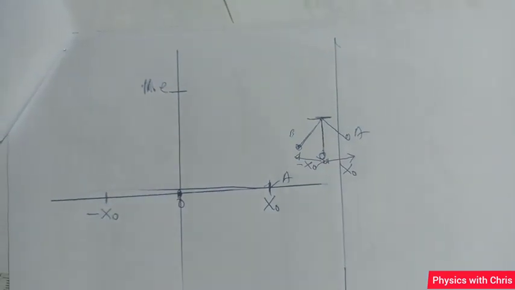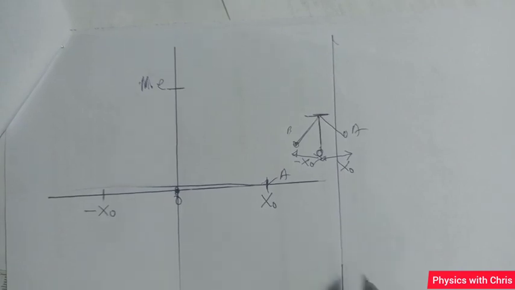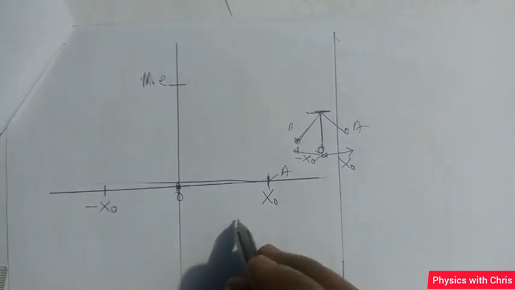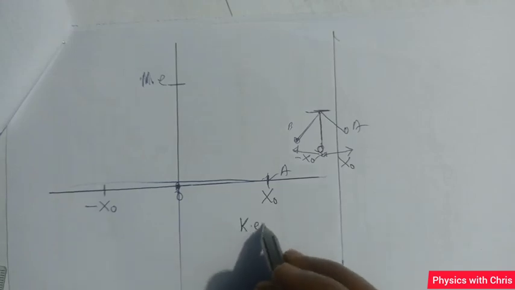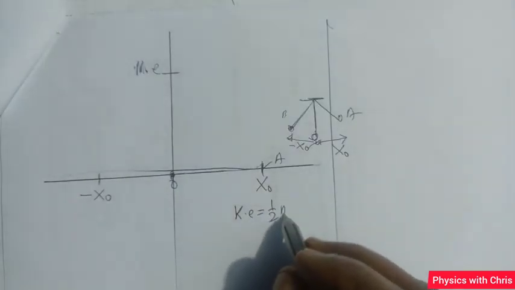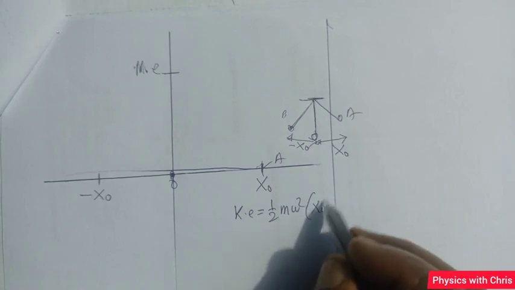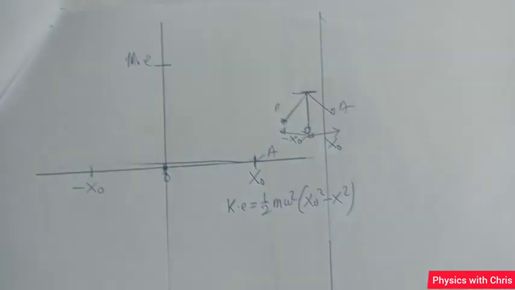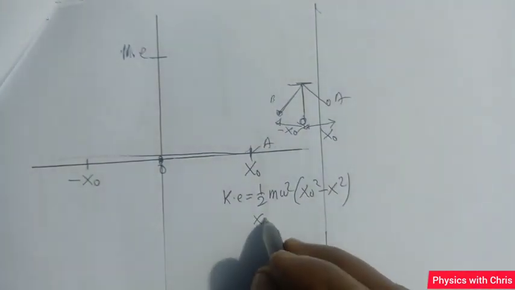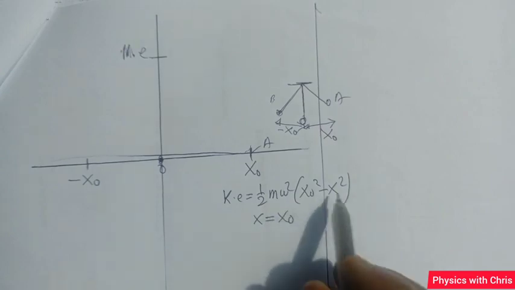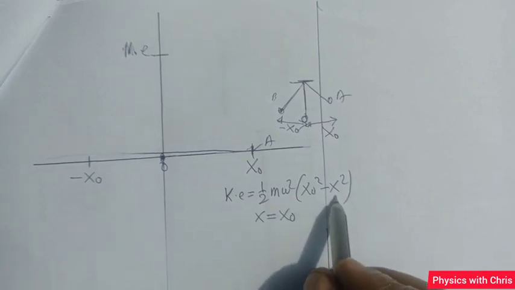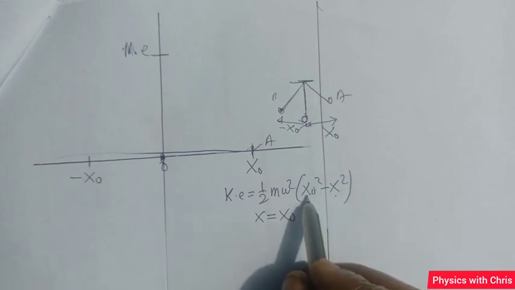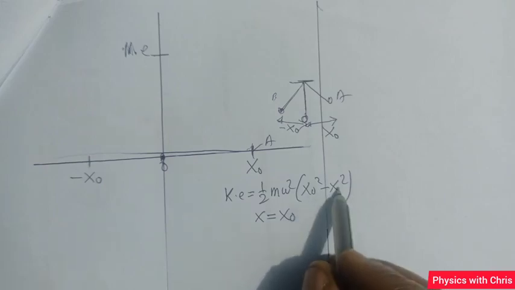Let's first start by plotting the kinetic energy, which is given as half m omega squared into x naught squared minus x squared. When the displacement x is equal to x naught, when you substitute x naught for x, that gives x naught squared minus x naught squared, which is 0.